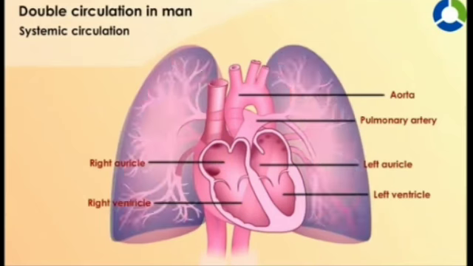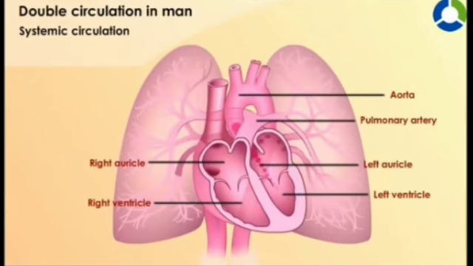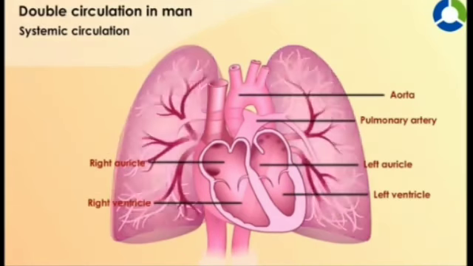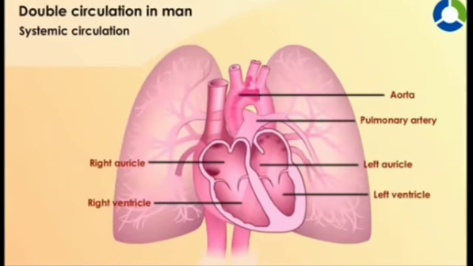You can see it is the major circulation in the body, and the aorta divides into arteries, arterioles, and finally to capillaries, and therefore supplies oxygenated blood. Is it clear? In simple terms, this diagram is showing how this is happening, and from various body parts the deoxygenated blood is collected by venules, which join to form veins, and finally vena cava, and pour blood back into the heart. Is it clear? So this is how it is happening.